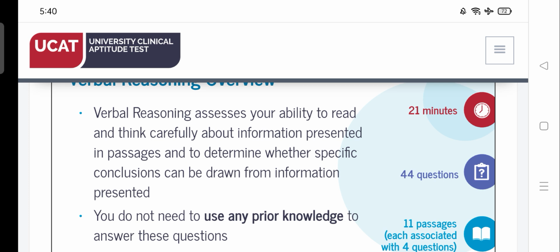Verbal reasoning assesses your ability to read and think carefully about information presented in passages, and to determine whether specific conclusions can be drawn from information presented.